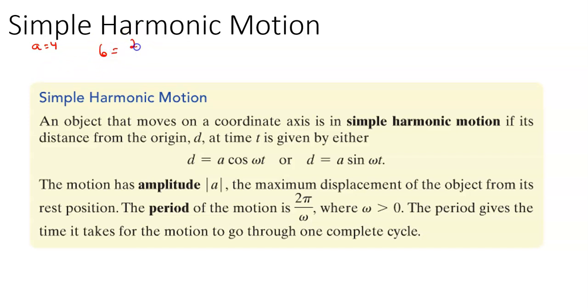So if 6 is 2 pi over w, then I can find w by multiplying both sides by w and dividing by 6. And so I get w equals 2 pi over 6, or pi over 3.